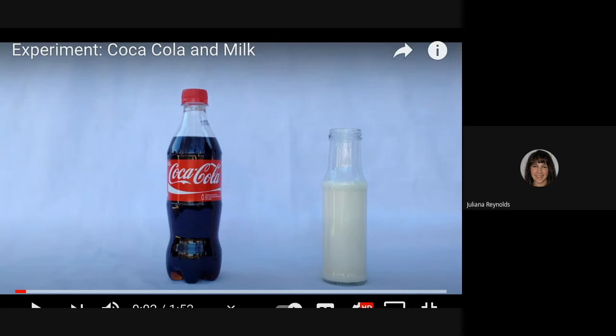As you watch, you're going to decide what type of change it is, list evidence for that change, and then make a sketch of the change and results. Remember, you can make your sketch electronically, or if you want to do it on paper and then insert that picture of your sketch, you're welcome to do that.